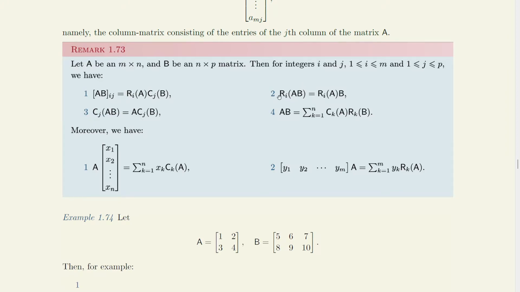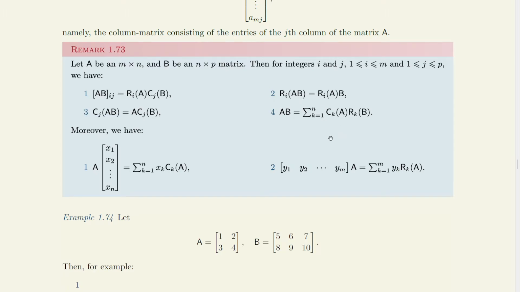What is the meaning of R sub A times B? It's the ith row of the matrix A times B. So it means that if I am interested in the ith row of the product AB, just one row, then it is better to do it in this way.